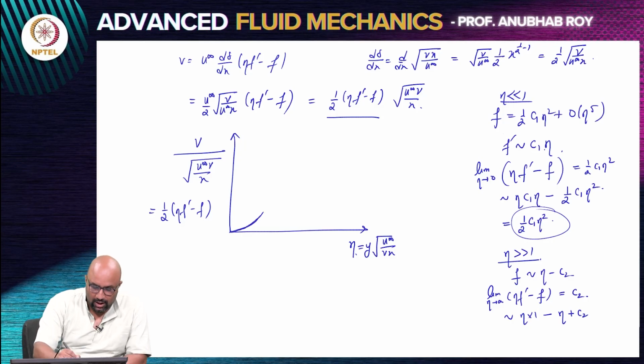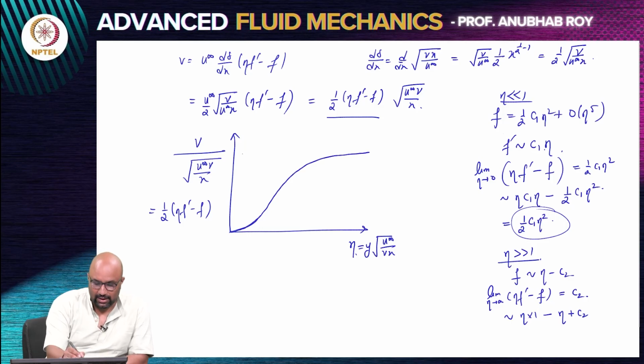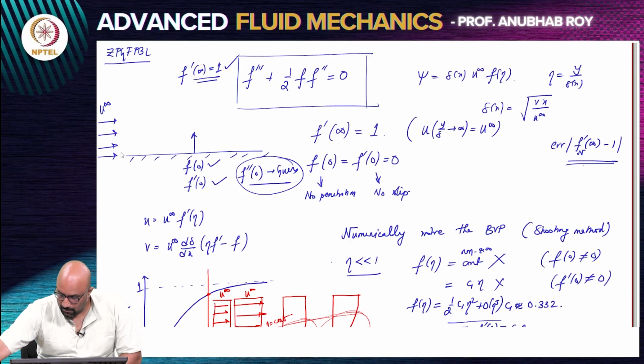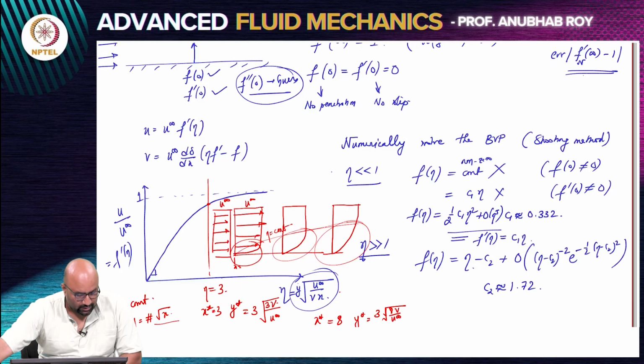It will go up and then turn around. There will be a change of the curvature, and then eventually it will approach a constant value, which is given as c2, which was 1.72.